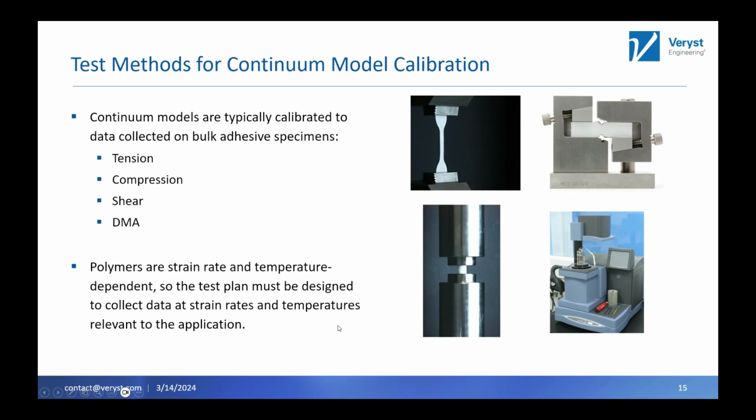The key and perhaps most important part of a well-calibrated continuum model for a bulk adhesive is getting test data at strain rates and at temperatures that are relevant to the product's expected use conditions, because that's how we can calibrate a material model that's accurate under those expected application conditions.